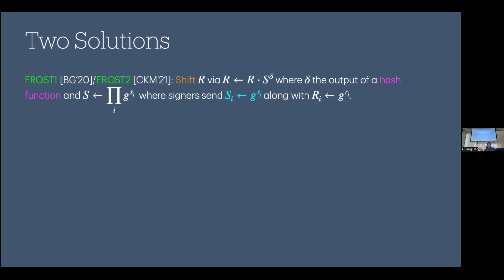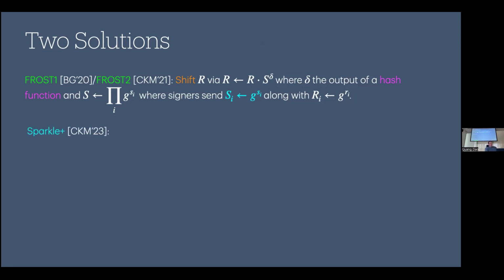It basically kills the attacks. If you change R_i, the hash value delta changes, so there's a circular dependency: the attack would not work because when you change R_i, the R changes in an unpredictable way.